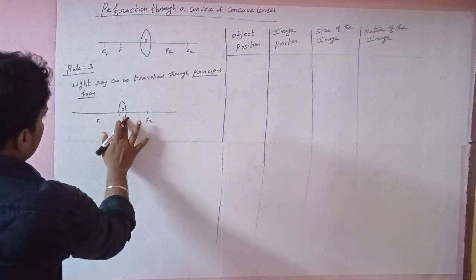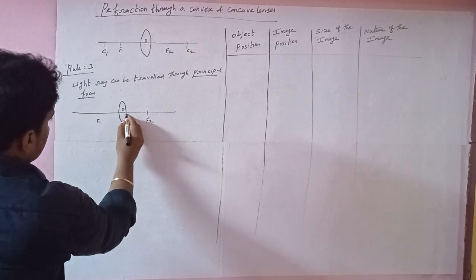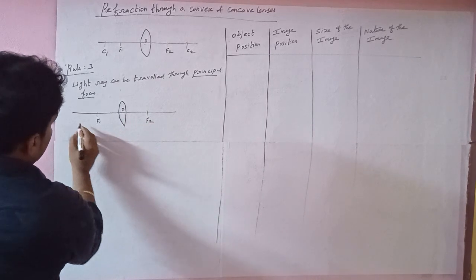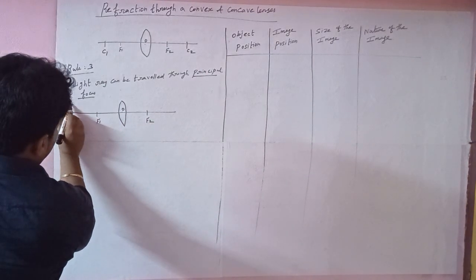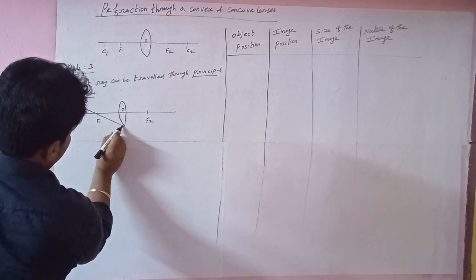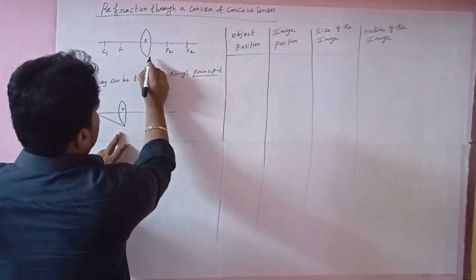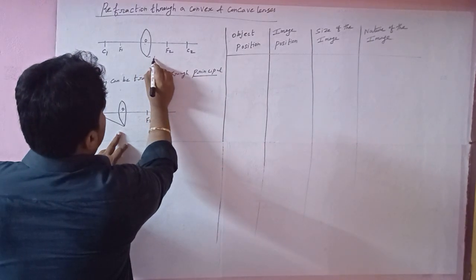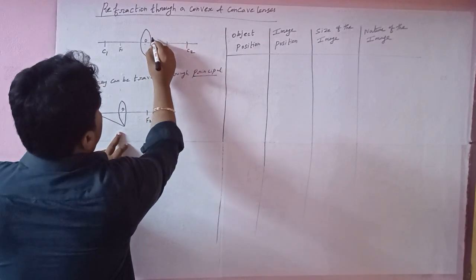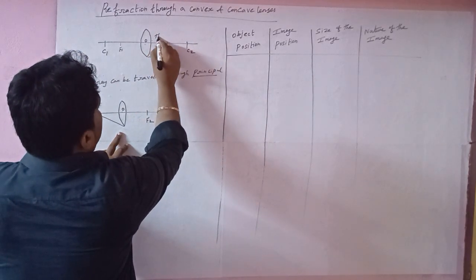Okay, so we have to increase the lens size. This is a convex lens. We know that the light ray can travel through the principal focus. In the convex lens, the edge is very thin and the center is very thick.